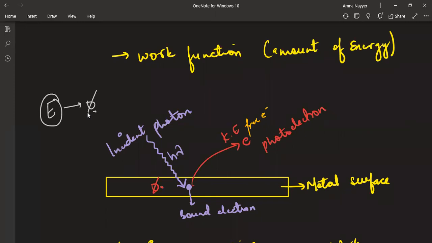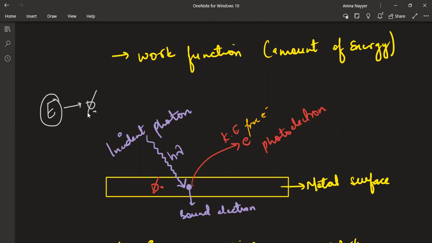But Einstein proved that for the explanation of the photoelectric effect, it's not just the work function that exists. A part of the energy of the photon is used in liberating the electron, that is the work function. But the remaining energy of the photon is used in imparting kinetic energy to the ejected electrons.